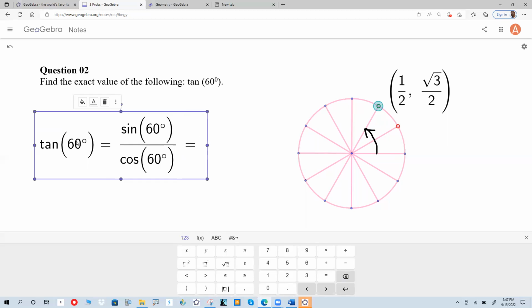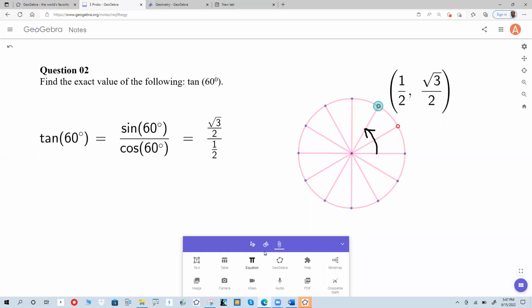Almost done from my unit circle. I know sine is the y coordinate, so it's square root of 3 divided by 2. And the whole fraction, that's just the value of sine, and divided by this.